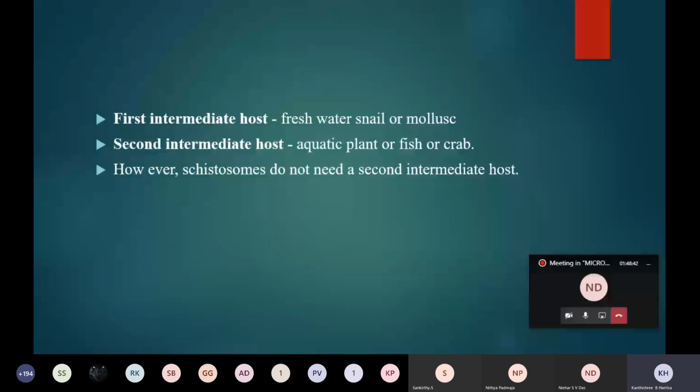The first intermediate host is a freshwater snail or a mollusk. The second intermediate host is an aquatic plant or fish or crab. But there is an exception to this also. Schistosomes do not need a second intermediate host.